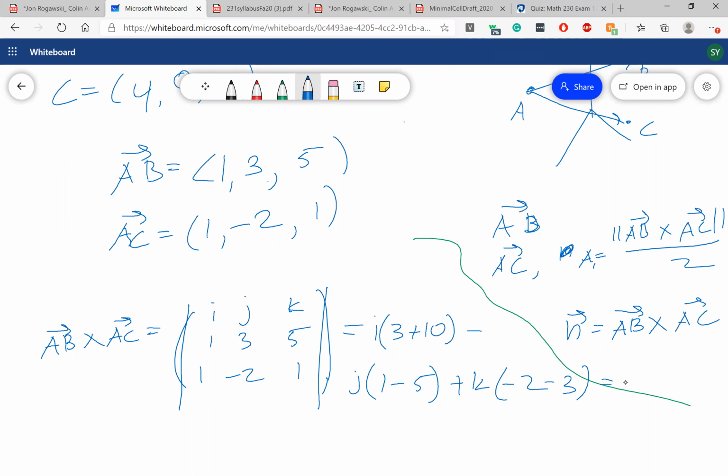So this is going to be equal to 13, 4, and -5.